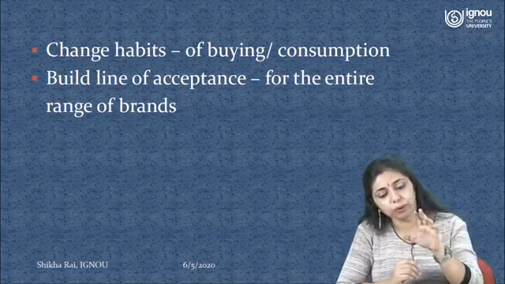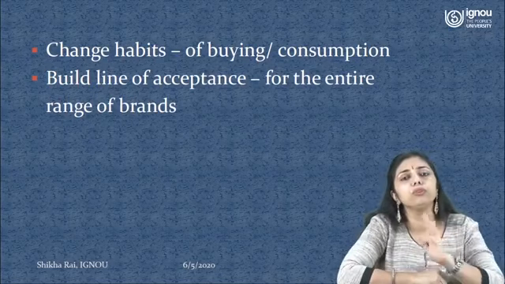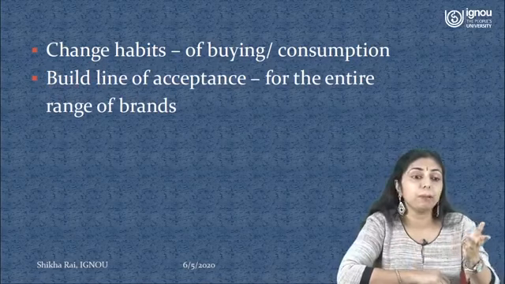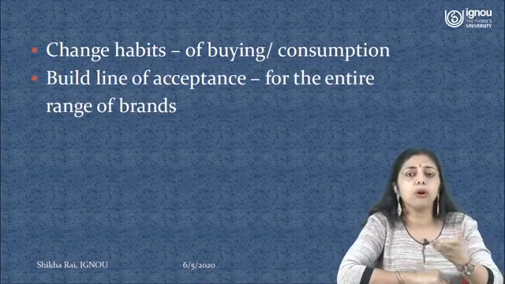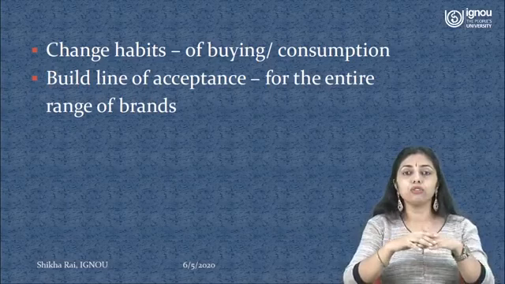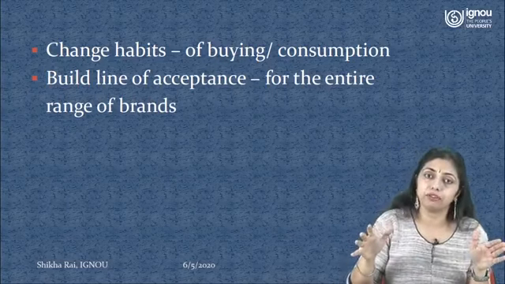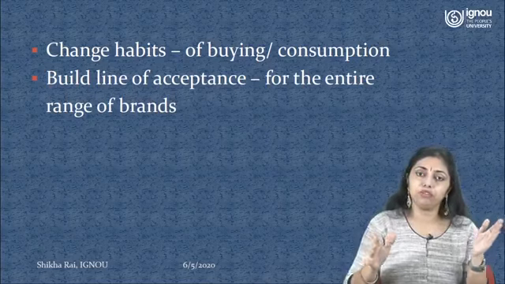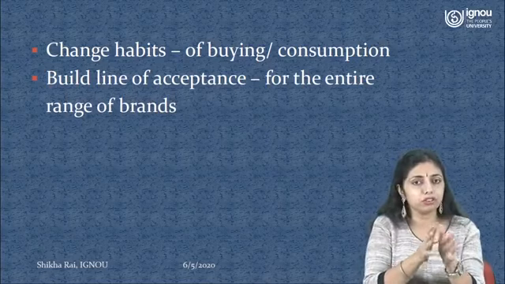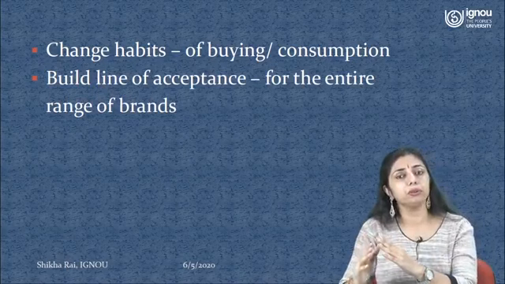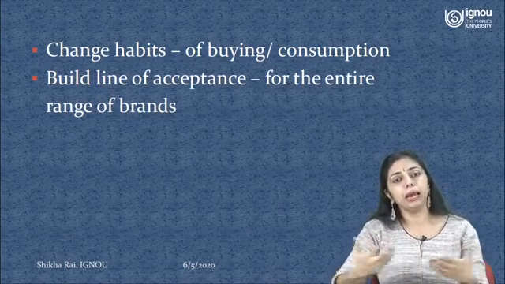One advertisement could be exclusively focused on, say for example, ACs if winters are approaching, or refrigerators. It can also in totality talk about the umbrella concern, the brand in itself. That is called brand advertising. So it can be related to the product, which is product advertising, or it can be related to the brand, and it helps you build a line of acceptance.